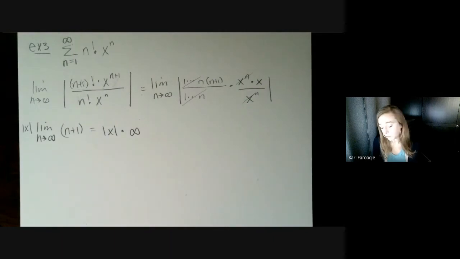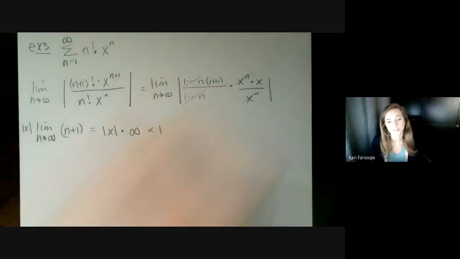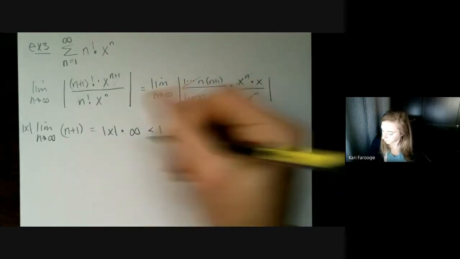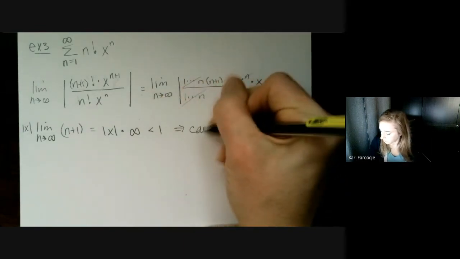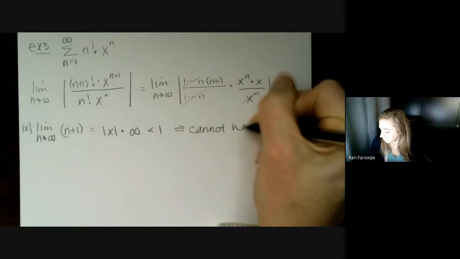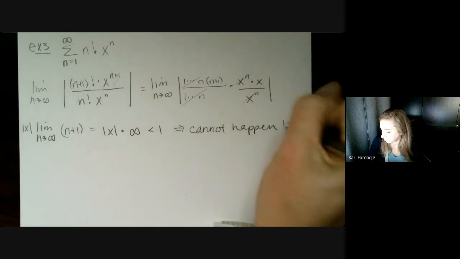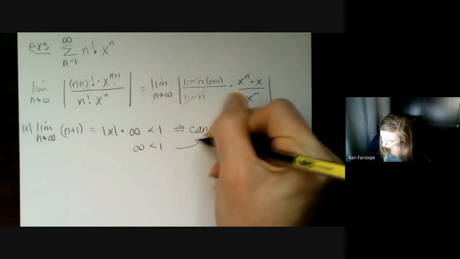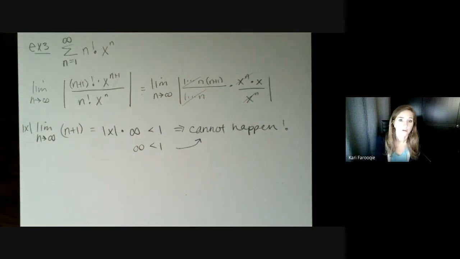And what we need to do is force this to be less than 1. But we're not going to get that, because infinity is never going to be less than 1. Okay, so it does not matter what x is. X times infinity is infinity. Infinity cannot be less than 1.